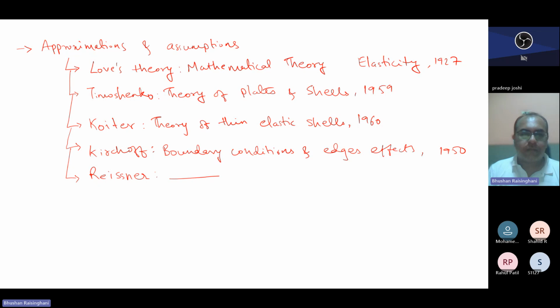Okay, so now one more to be added is Dr. Khan. So you can also write Dr. Khan. He has given his contribution, IIT Bombay. So all these people developed the shear deformation theory.